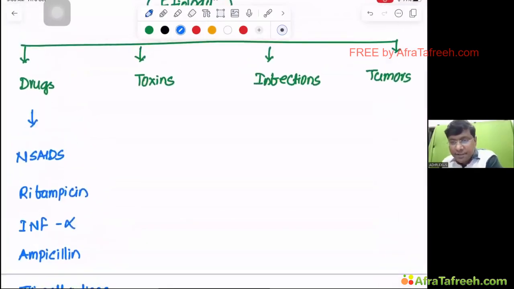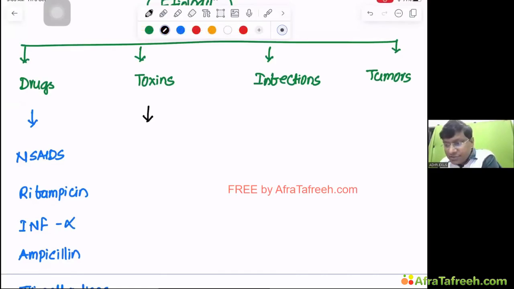Methotrexate. Right. But when you are giving methotrexate to the patient, what is the supplemental drug that you should give along with methotrexate? That is folinic acid, that is leucovorin. Folinic acid should be given.